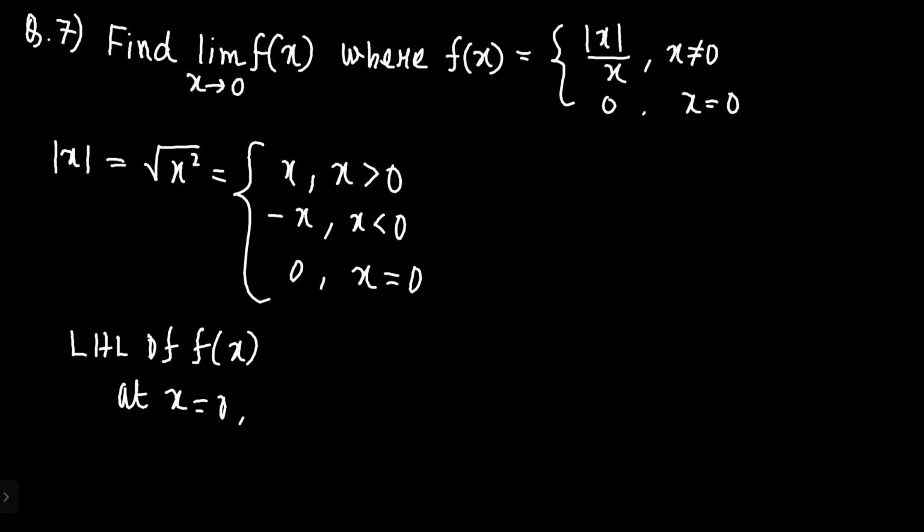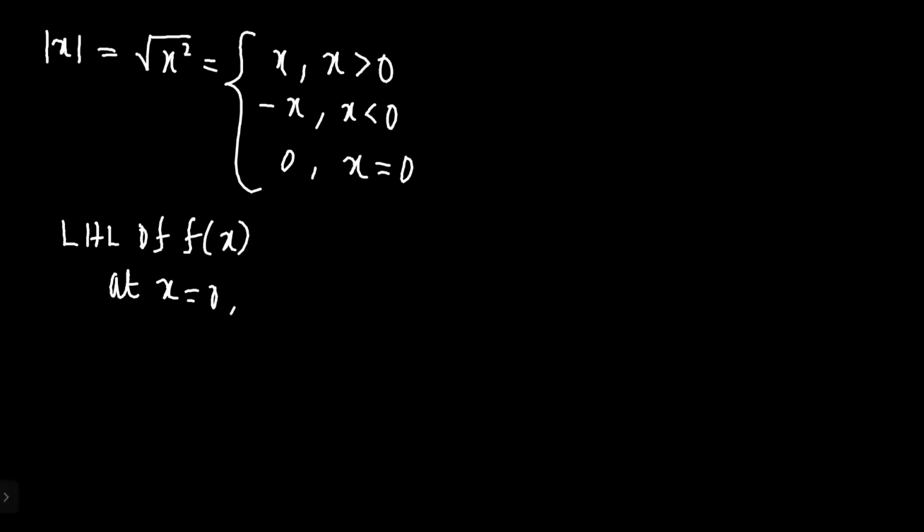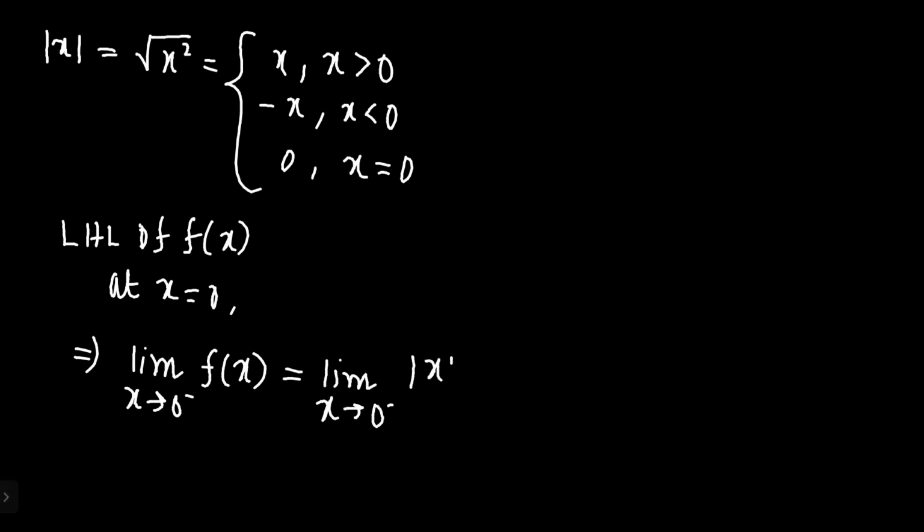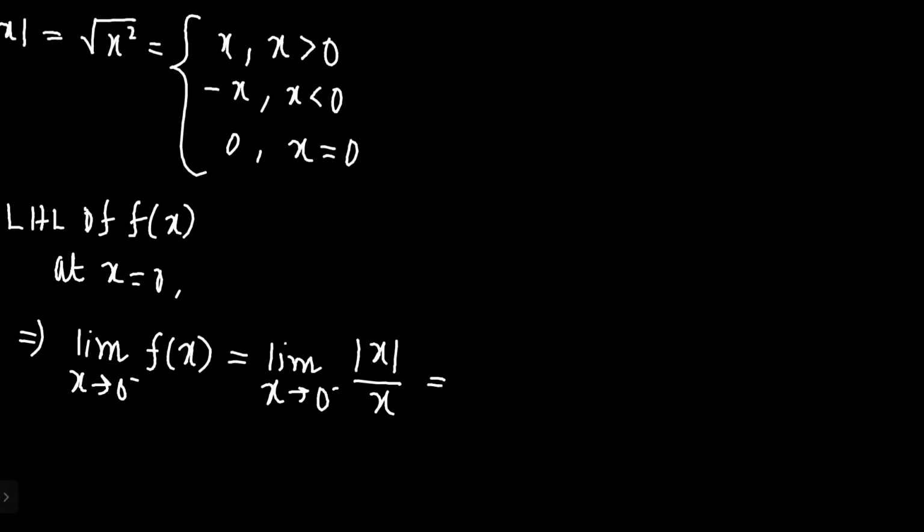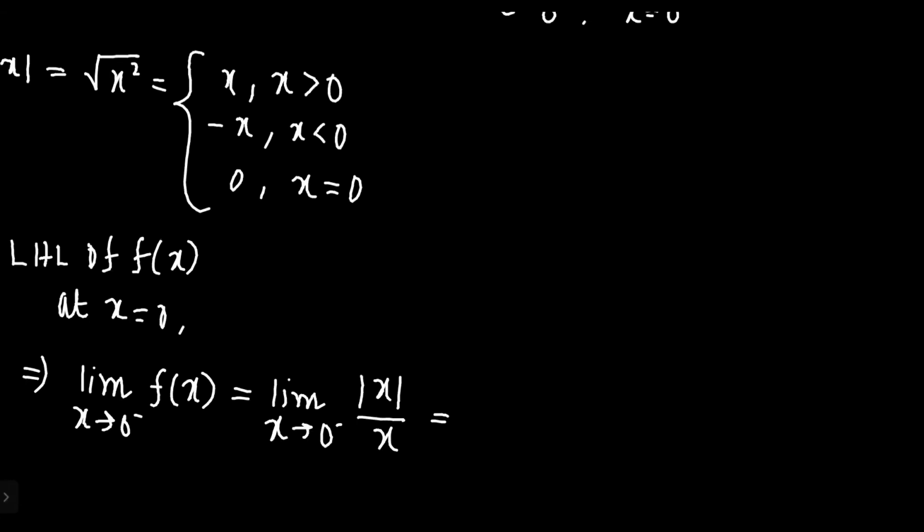So this is limit x tends to 0 minus, LHL meaning 0 minus, of f(x). So limit x tends to 0 minus of mod x by x. Now when x tends to 0 minus, that means x is less than 0.